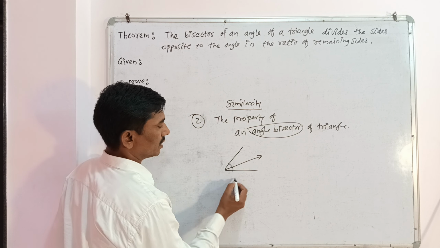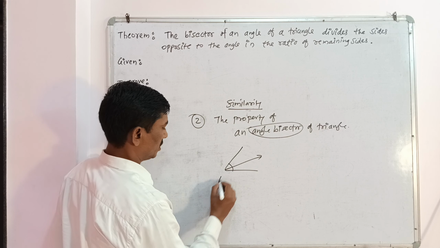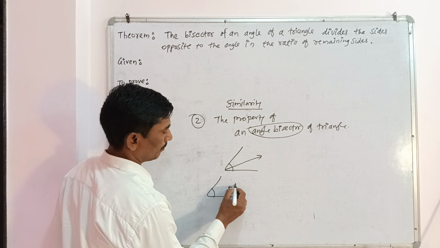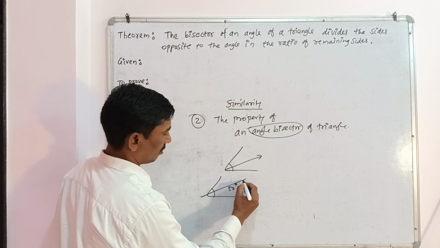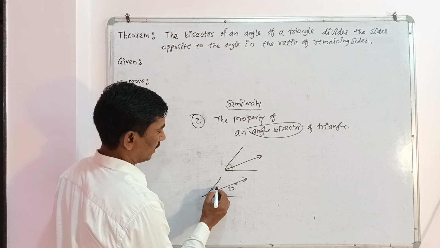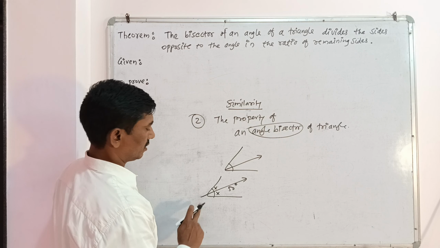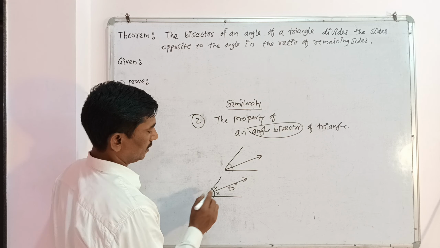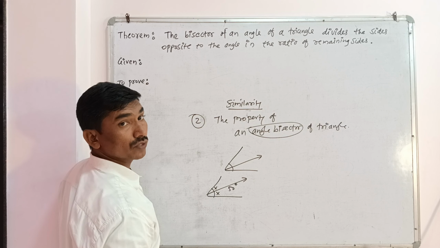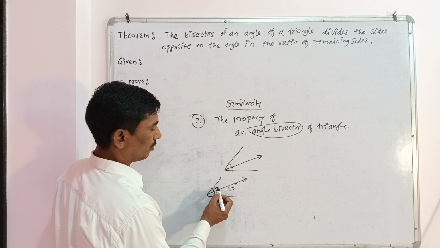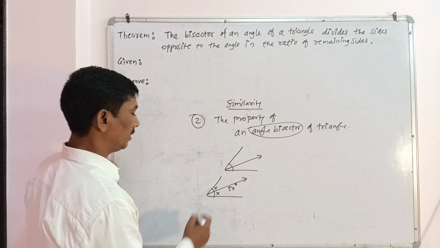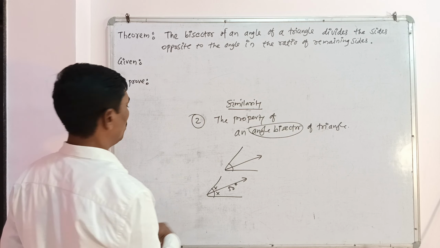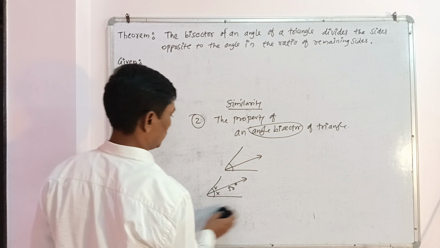Suppose this is any angle with a measure of 50 degrees, and I draw a ray like this and make marks on both the angles. You can understand that both the angles are of the same measure. That means each must be 25 degrees, because this initially was 50 degrees, isn't it? So this is what a bisector means.